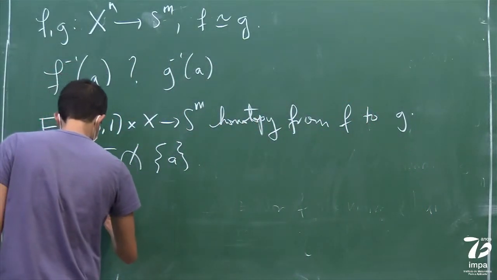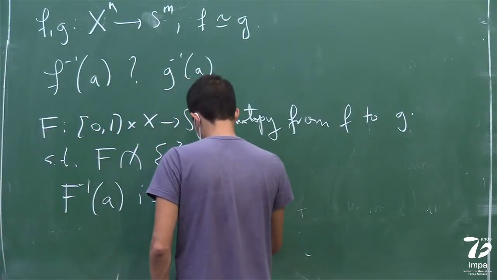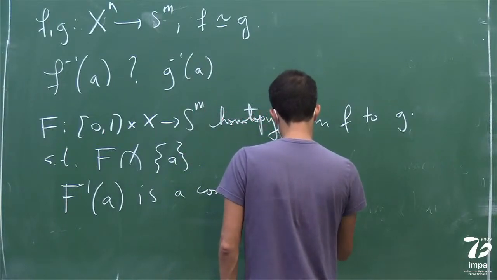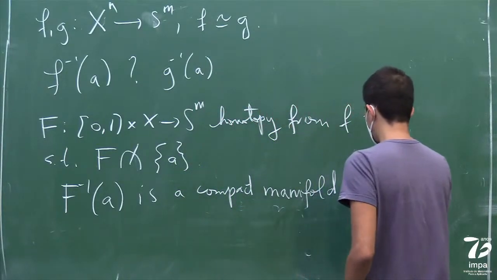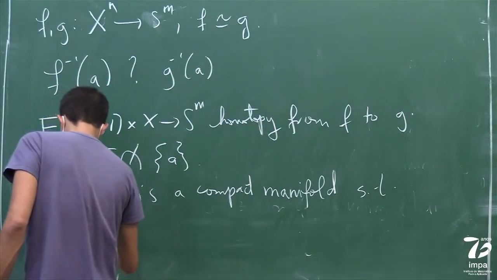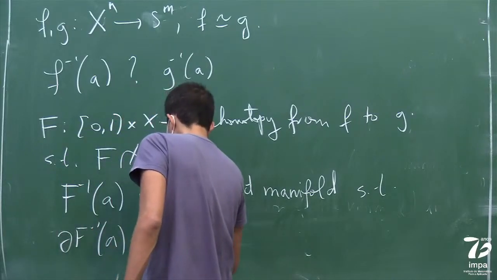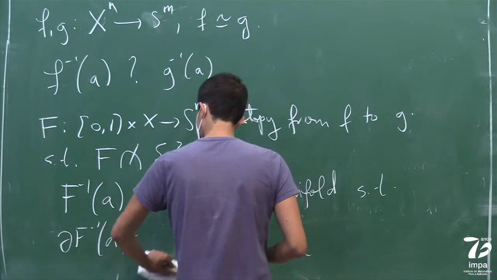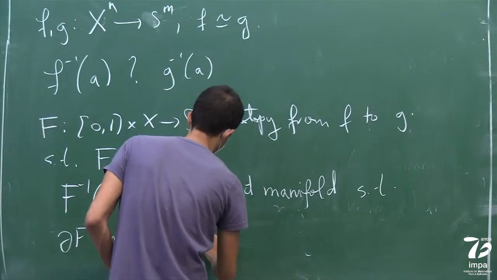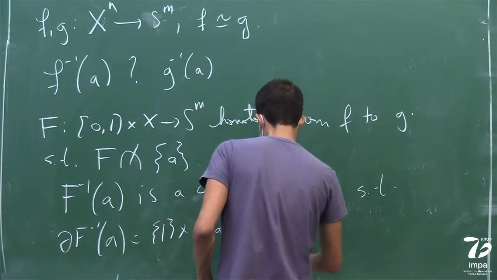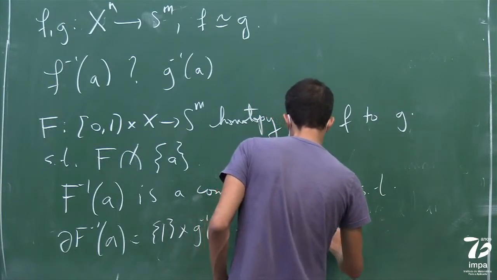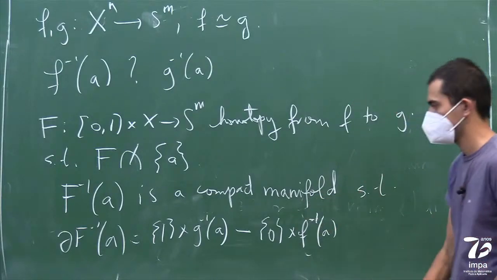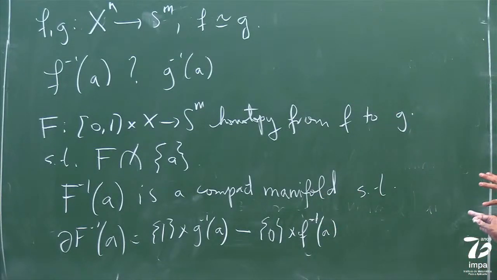So then this guy here is a compact manifold such that the boundary of that, so this is going to be the boundary of, the g inverse of A times 1, I guess I should say that, minus 0 times f inverse of A. So this is very similar to what I constructed at the beginning of the proof of the Hopf theorem.